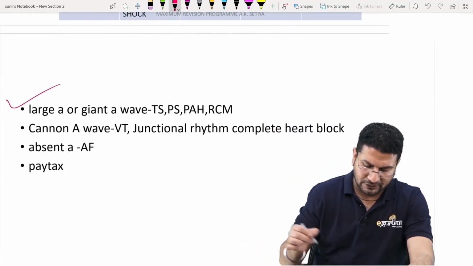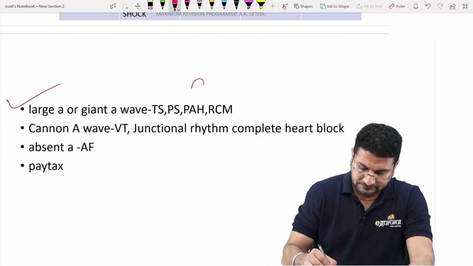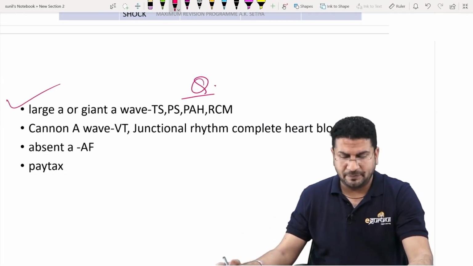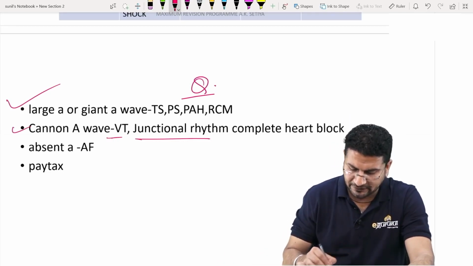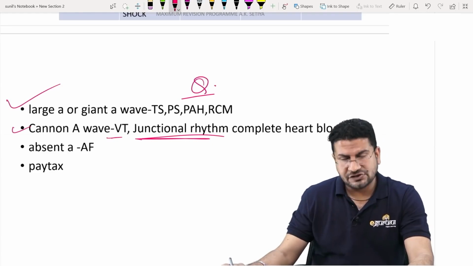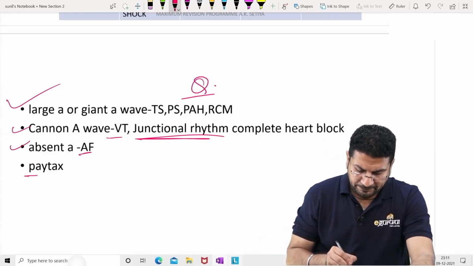Giant A waves or large A waves you will see in tricuspid stenosis, pulmonary stenosis or pulmonary artery hypertension and restrictive cardiomyopathy. Cannon A waves we see in ventricular tachycardia, junctional rhythm and complete heart block. No A wave in AF. And PATEX is a mnemonic.